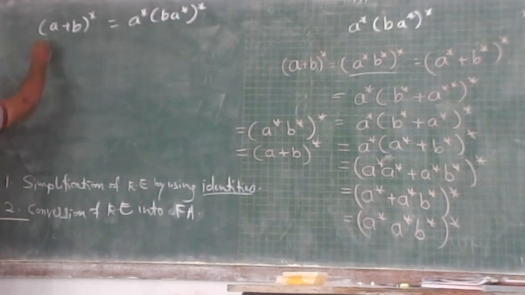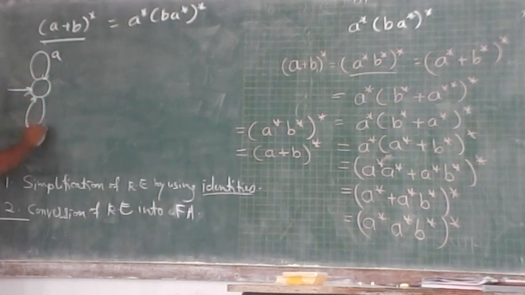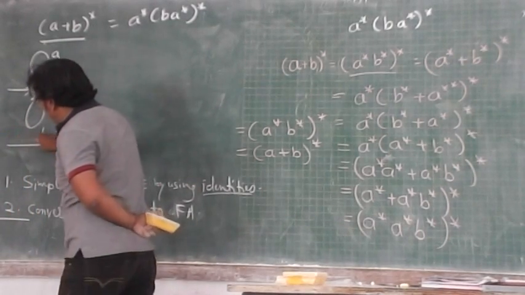First of all, you take this. What is the representation for this? a, b, this is the initial state, and this is also a final state. Is it a finite automata representation for the regular expression (a plus b) star? Do you agree with this? Okay. This is the simplest form of finite automata.